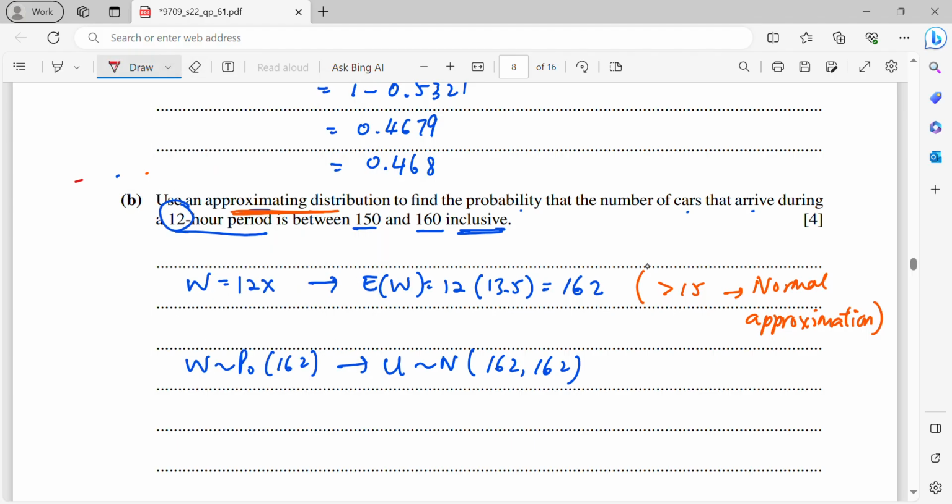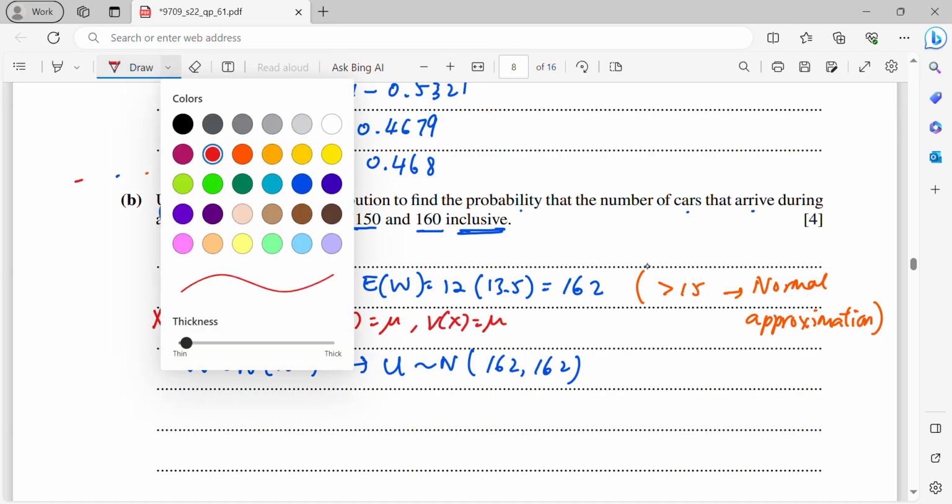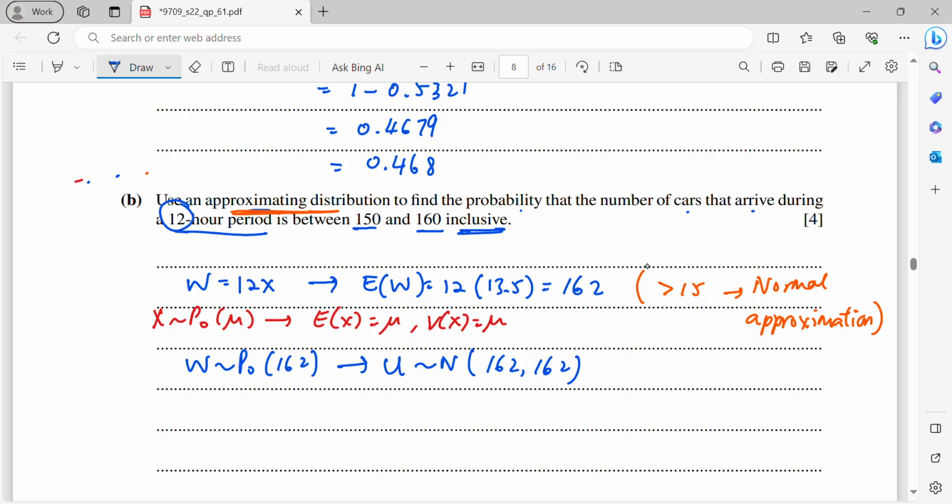Okay, so for Poisson mu, the mean is mu, the variance is also mu. Now we need to get the probability in between 150 and 160 inclusive. So P(150 ≤ W ≤ 160).